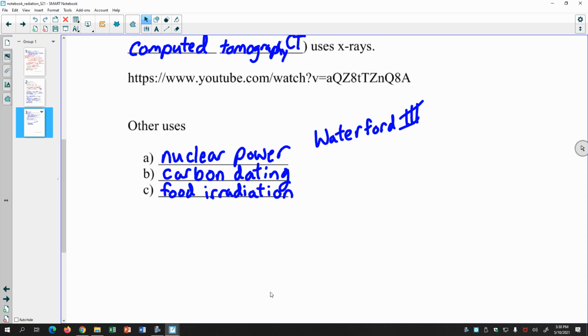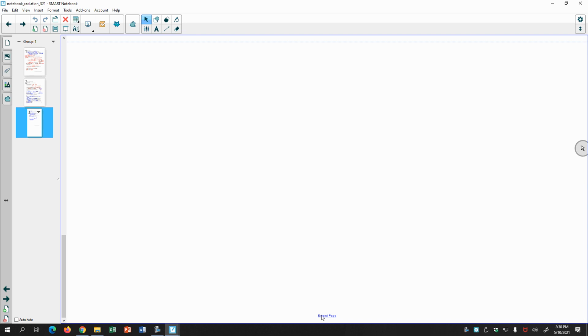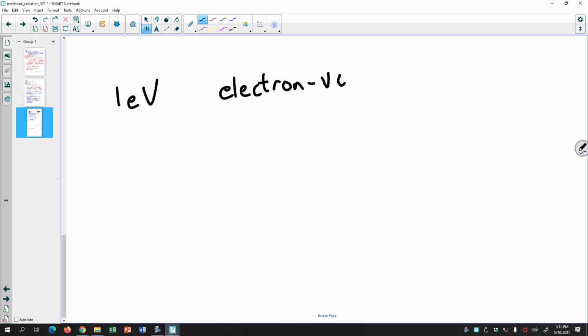Oh yeah, so an electron volt is a form of energy, 1 eV. It's a form of energy that we often use to talk about electrons moving around in an atom.